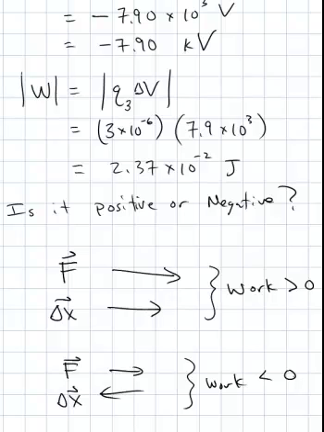So just think about which way the particle is moving, and if you let go of the particle, would it naturally go in that direction because of the field? Then the field is pushing it in that direction. We have positive work. If it wouldn't go that way, then an external force would have to reach in and do the positive work, and the field would be doing negative work.